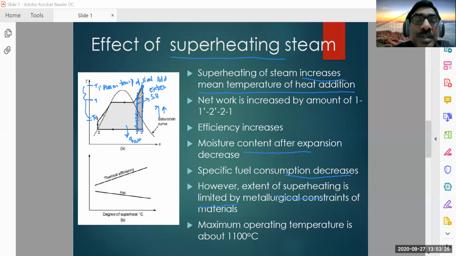Okay. So this is the original work, 1 to 2. 1 to 2 is the original work output. But because of adding the heat, the output will be 1 dash to 2 dash.